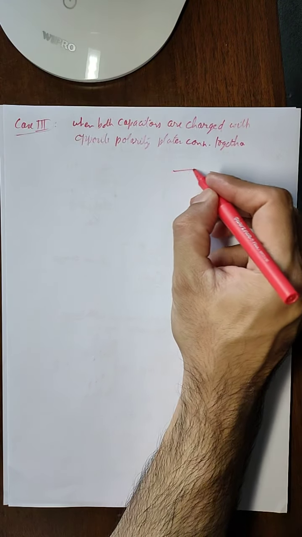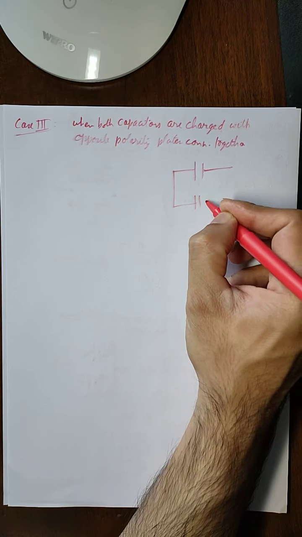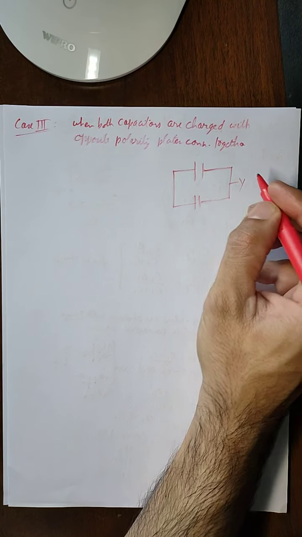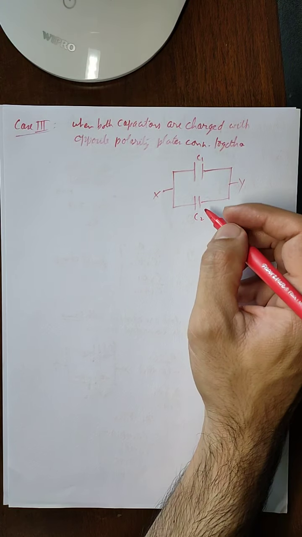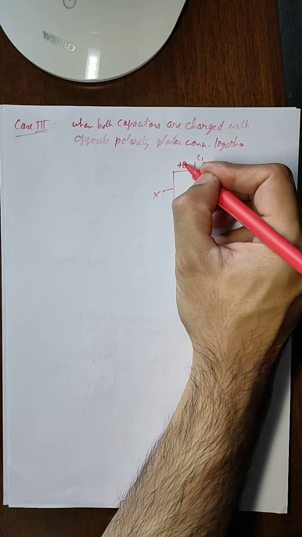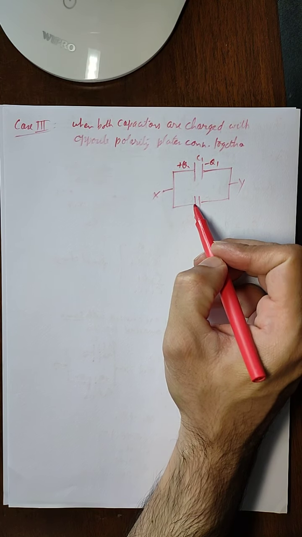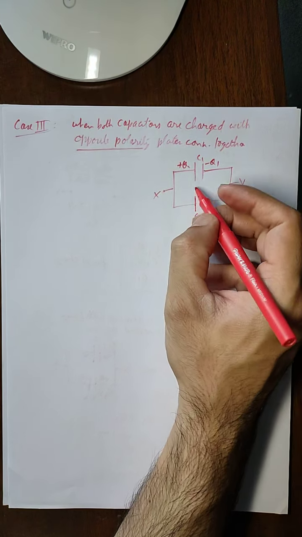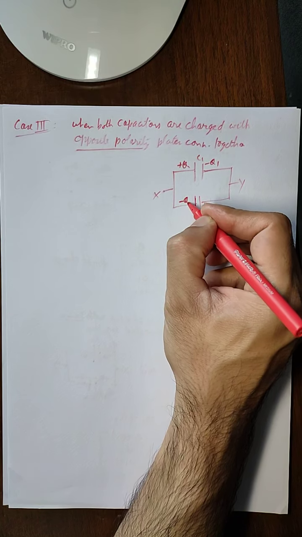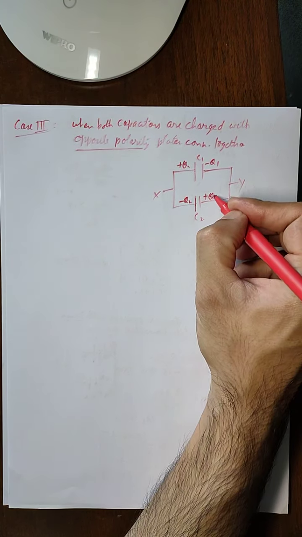So here we will have two capacitors C1 and C2 between X and Y. This will have charge plus Q1 and this will have minus Q1, and this is connected to the plate of opposite polarity. So that means this plate will consist of charge minus Q2, and hence this plate will have the charge plus Q2.